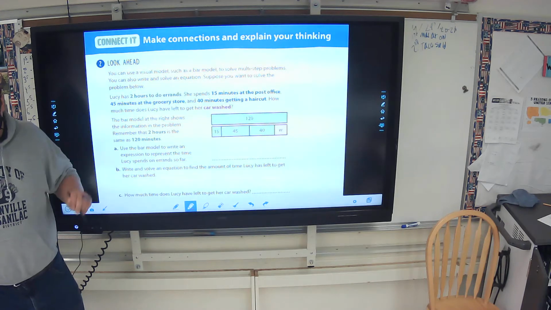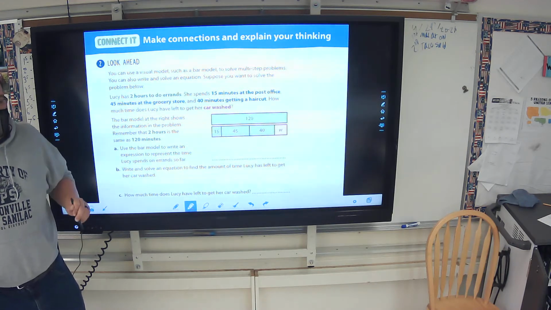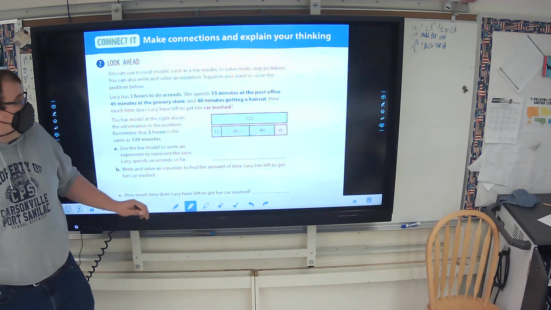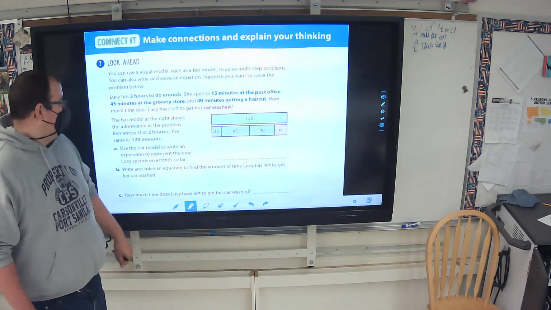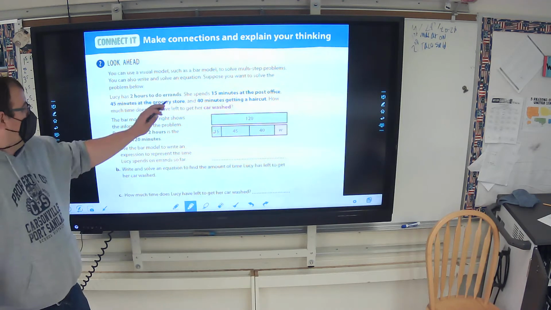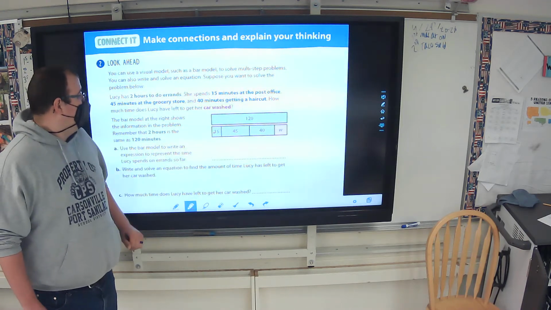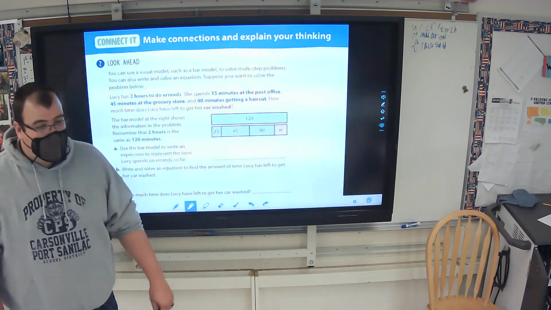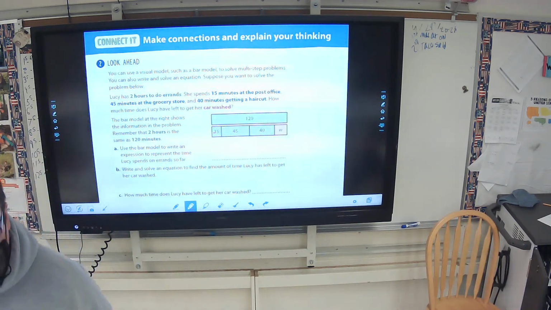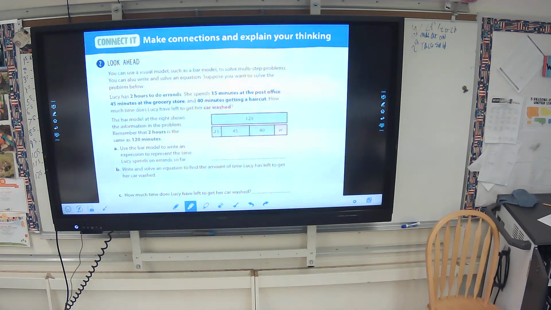She has 2 hours to get this all done, right? And then we can draw a little bar underneath, right? She spends 15 at the post office, 45 at the grocery store, and 40 getting her hair cut. So what are we really doing with those 3 times? What are we doing when we put them in a bar model? We're adding them all together, right?